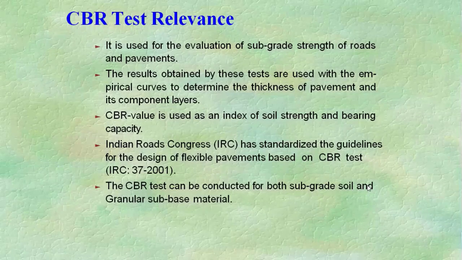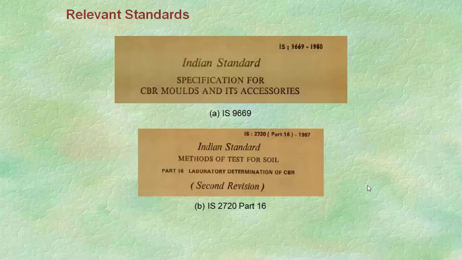The laboratory test procedure should be strictly adhered to if a high degree of reproducibility is desired. A procedure for the field determination of CBR value of the soil in place, or in situ, has been developed and standardized by different agencies, including the Bureau of Indian Standards. So these are the relevant standard IS codes.